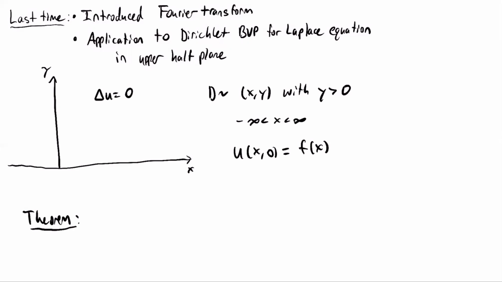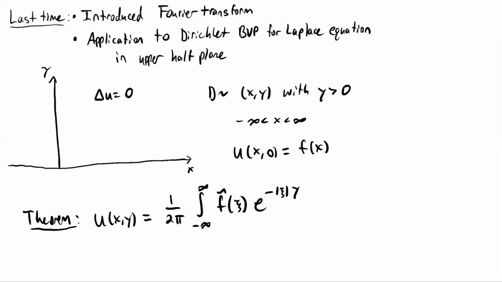So I guess this is a theorem. Using the Fourier transform, we derived the following solution formula. u of x, y is given by 1 over 2 pi times the integral from minus infinity to infinity of the Fourier transform of the initial data f, times e to the minus absolute value of c y, where c is the frequency which we'll be integrating over, times e to the i x c dc.